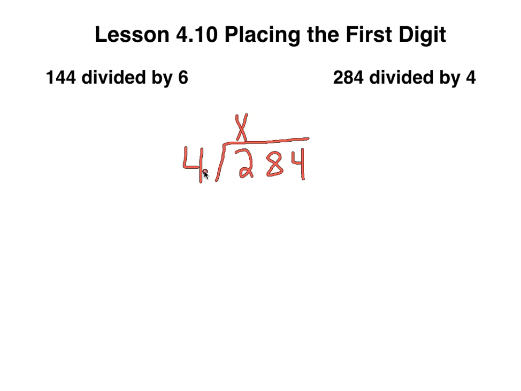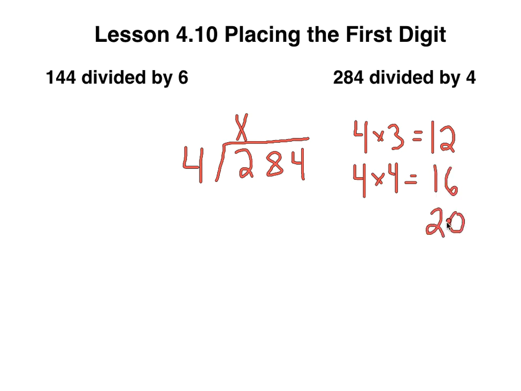So, do your 4s. Let's see, 4 times 3 is 12. I know that. We'll start there. 4 times 4 is 16. And we got 20. And then we got 24.